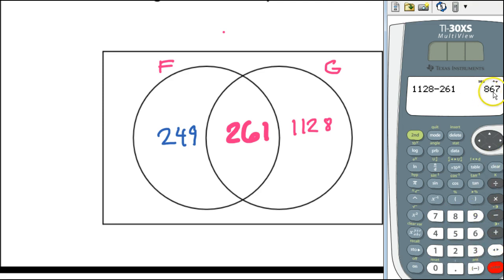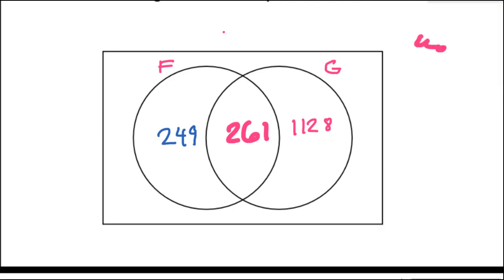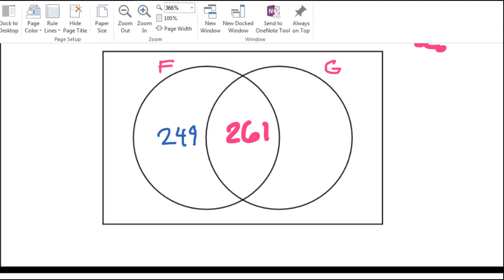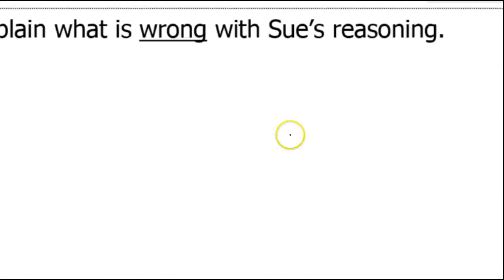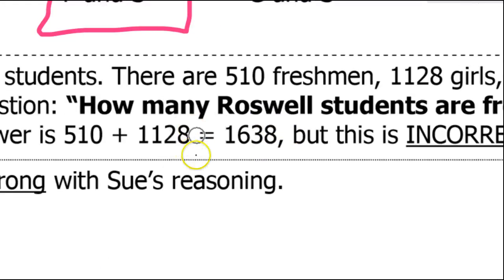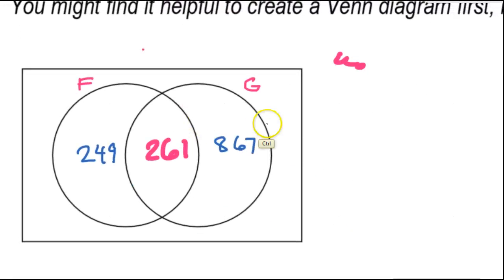So that's 867. So this needs to be 867. Okay? It still makes sense though, because if I look at the whole circle of girls, that includes both of these numbers, and that does add up to the 1,128 that we wanted. All right?